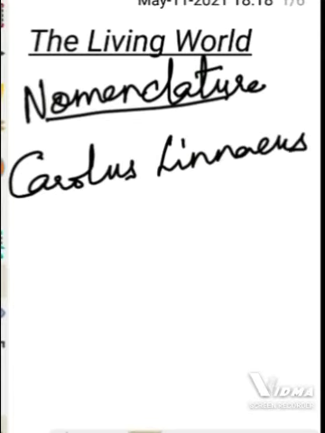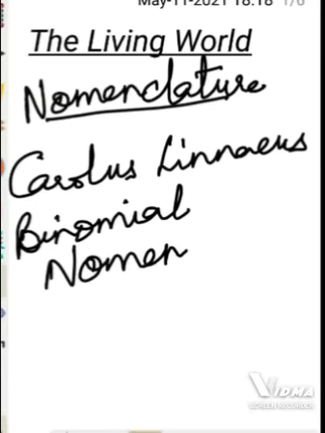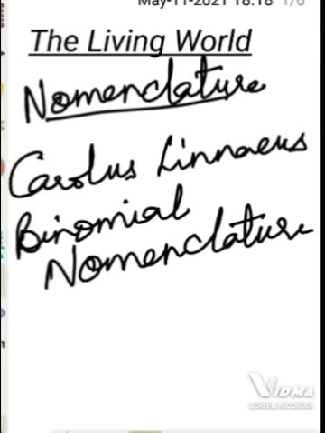So he developed a system of naming the organisms, and his system is called binomial nomenclature. By the word binomial, you can understand that bi is two, nomial is name, and nomenclature is system of assigning names. So binomial nomenclature is a system of assigning two names to an organism.